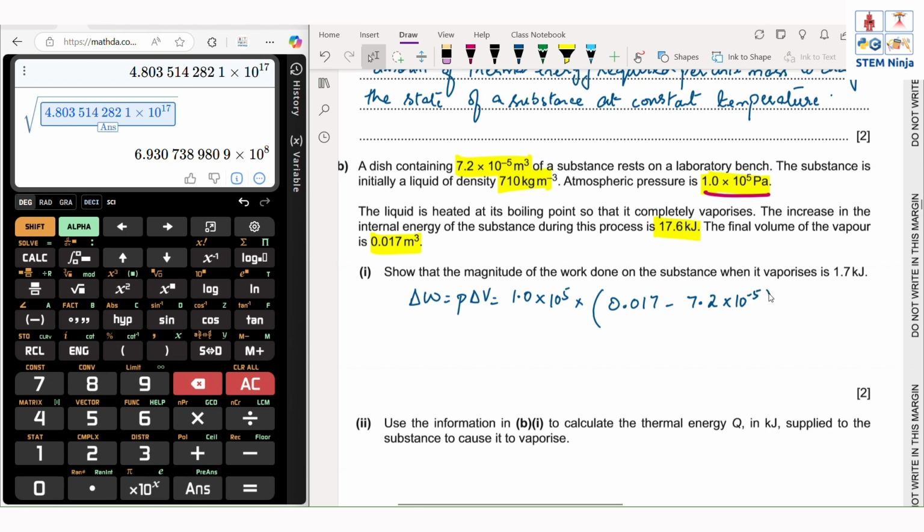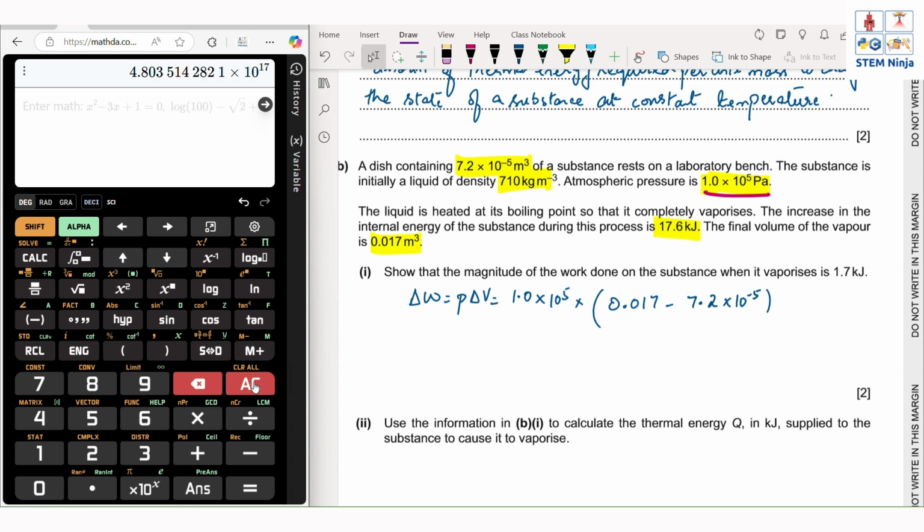0.017 minus this. That's all we need over here. So meter cubed and pascals. So we have 10 raised to power 5 times the difference between 0.017 minus 7.2 times 10 raised to power minus 5.